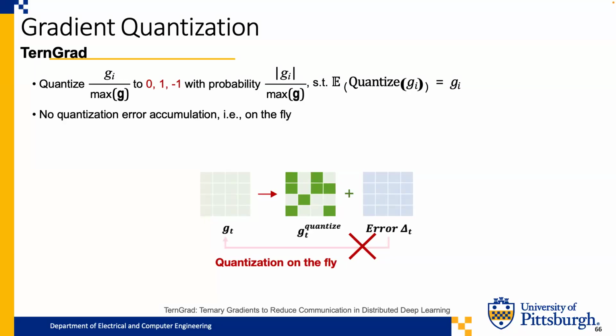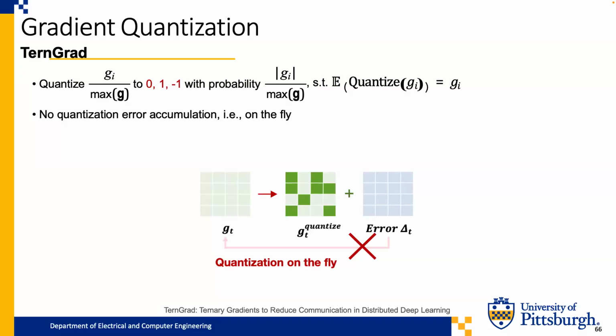Then I'm going to quantize all these g_i. Basically, you are quantizing g_i divided by max g into 0, 1, or -1, so you are quantizing g into 0, g, and negative g. In this case, the max g is 9. Does that make sense?